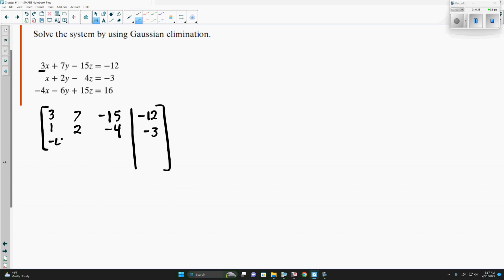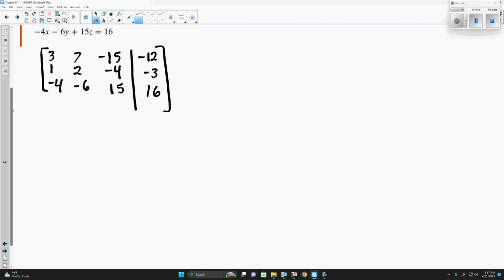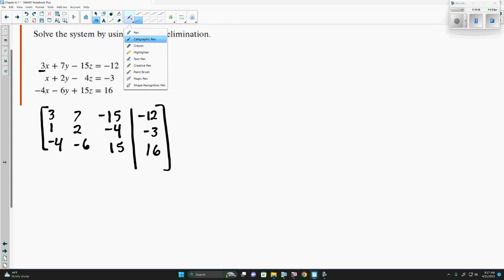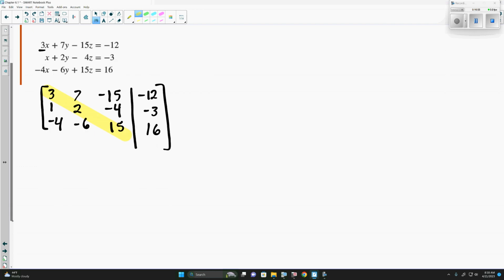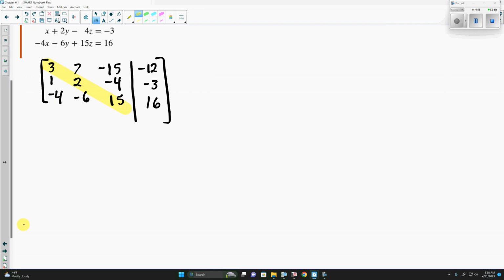And the last one, negative 4, negative 6, 15, 16. Now the main goal is to get the numbers in these three positions to be 1s. That's what we're trying to get.